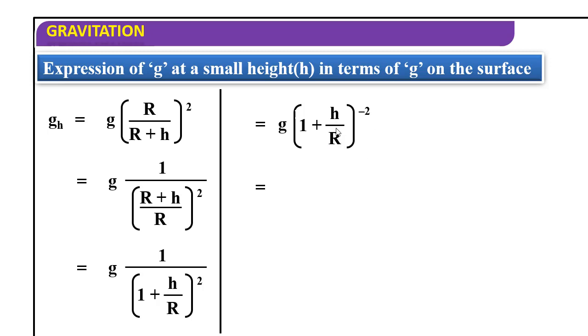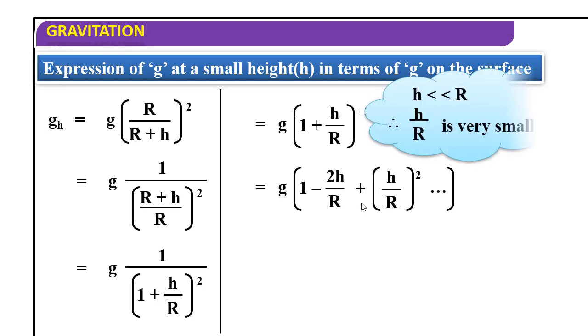Expanding using binomial theorem, you can write this way: 1 minus 2h by R plus h by R whole square, etc. So many terms will be there. Since h is very small, h by R is very small and the square of that is much smaller.